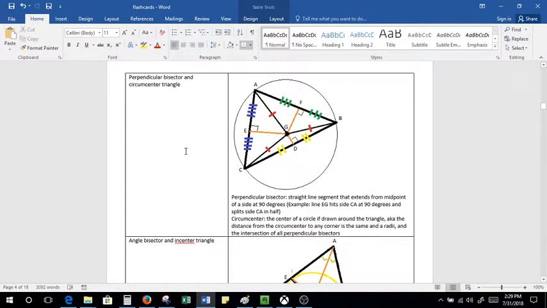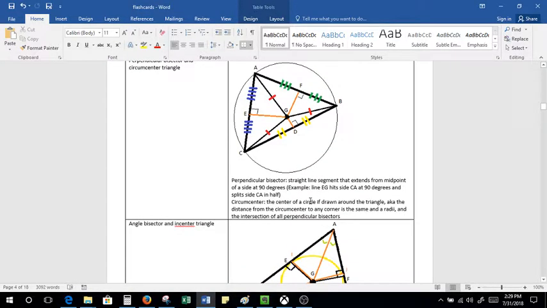Moving on, perpendicular bisector and circumcenter of a triangle. So really, at its base, this is saying that a circle can be drawn and all 3 corners of the triangle will lie on the edge of the circle. So a perpendicular bisector is a straight line segment that extends from the midpoint of a side at 90 degrees.